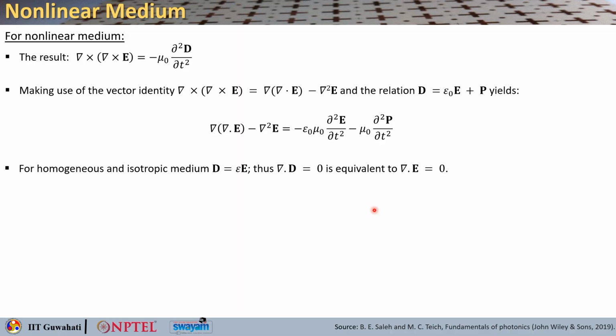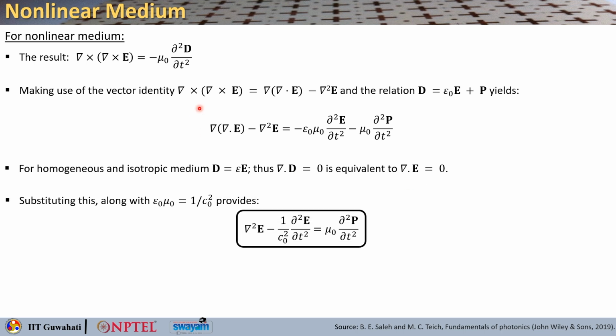If you consider a homogeneous and isotropic medium, D equals epsilon E, in that case divergence of D is 0, which is equivalent to divergence of E becoming 0. So, this part blows off, and you are just left with this one.